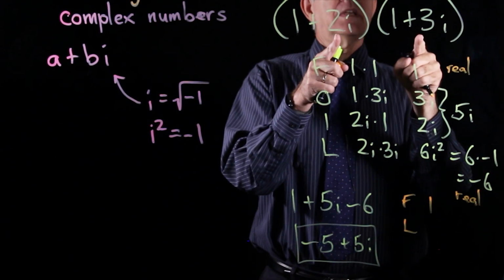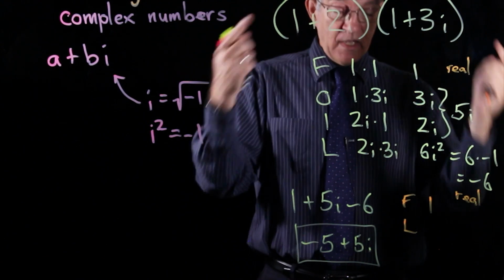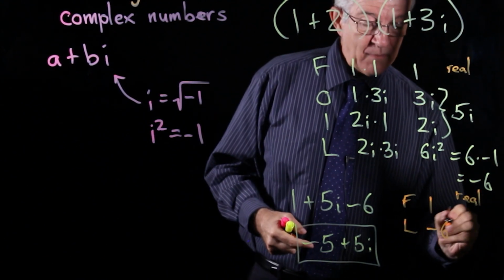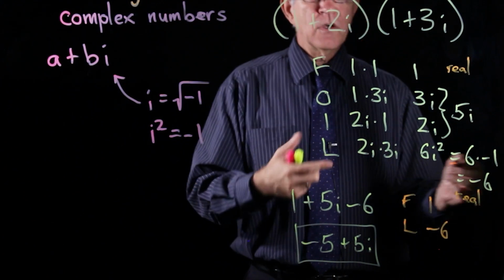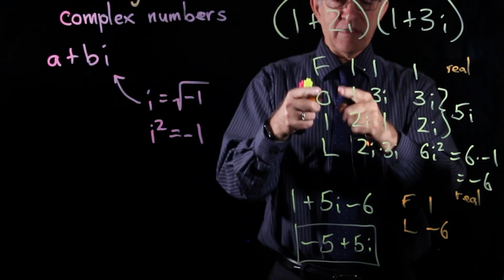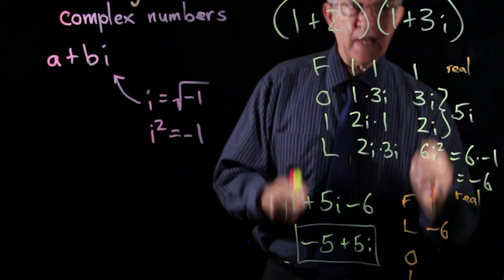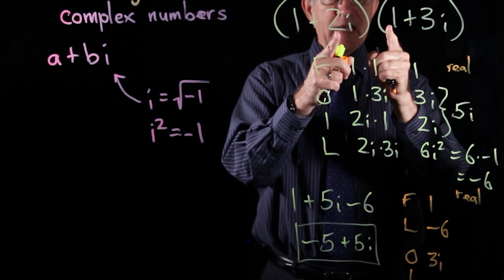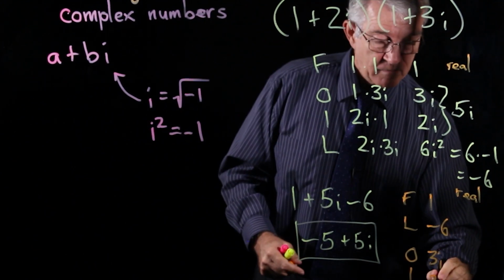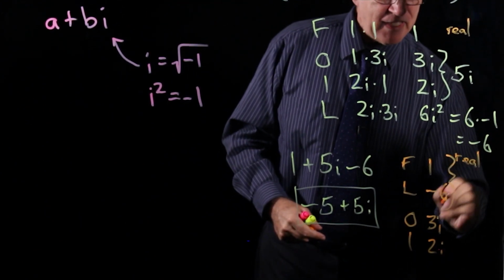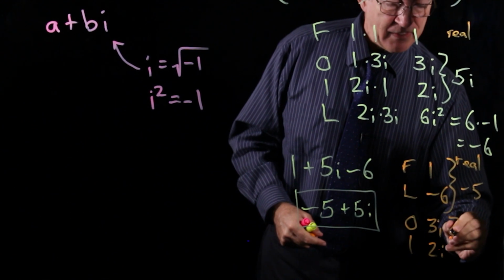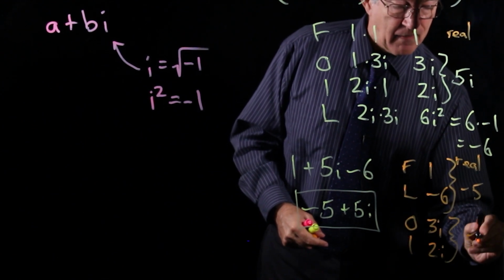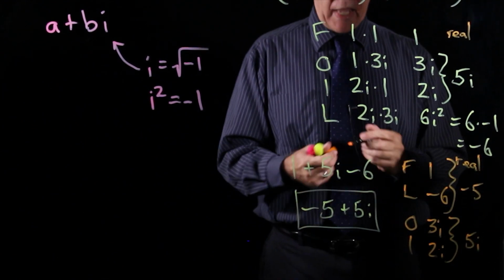So multiply these together, 2 times 3, 6, and then write the opposite, -6. And those will combine very nicely. And then the O and I work out the same way, right? The O is 1 times 3, that's a 3 with an i. The I, 2 times 1, that's a 2 with an i. And these combine, and these combine. And we have the same answer we had before.